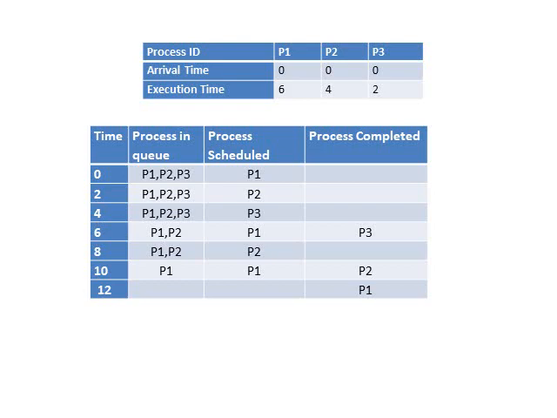Execution time is 6, 4 and 2 milliseconds. The time slice is very important and is considered as 2 milliseconds. So we have to change the scheduling of the process after every 2 milliseconds.